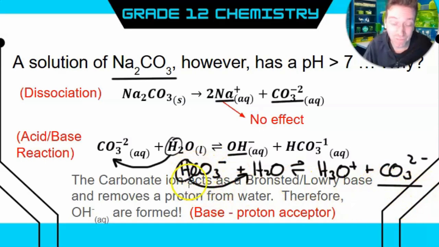Now it's a very weak acid, so it's not going to give up that proton very readily. In fact, the strength of an acid is inversely related to the strength of its conjugate base.